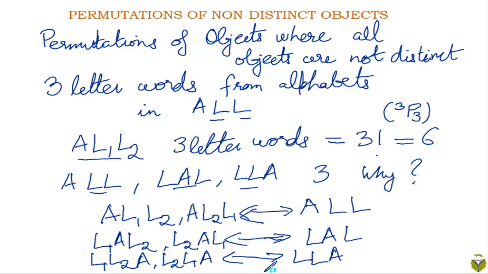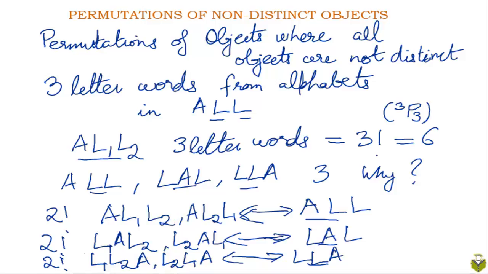So each of these 3 cases results in 2 factorial more arrangements if L1 and L2 are distinct, right?